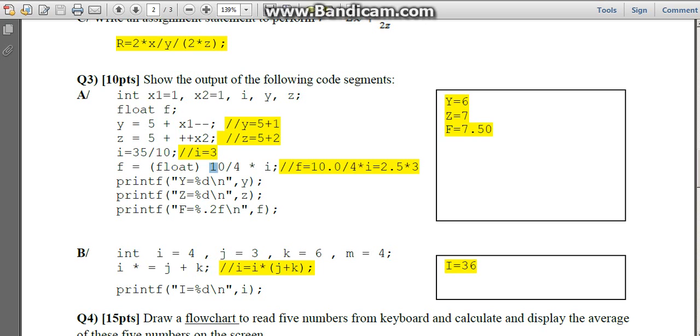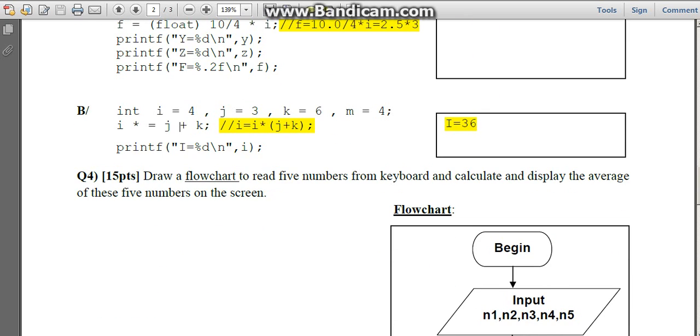You can see 10 divided by 4 is 2.5, multiplied by i, which here is 3 because it's an integer. There's no 0.5 here because it's an integer. So when we multiply each other we get 7.5. We just write it here.